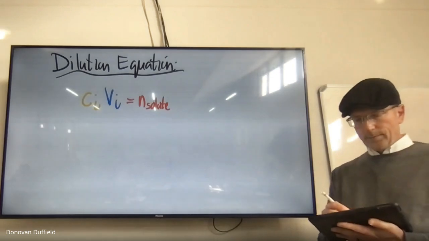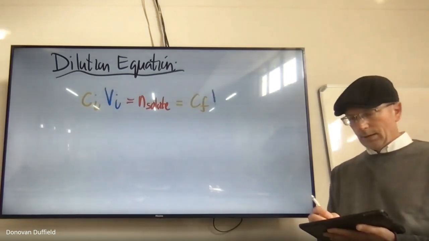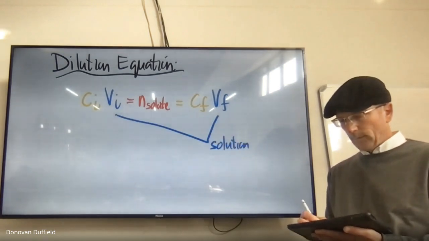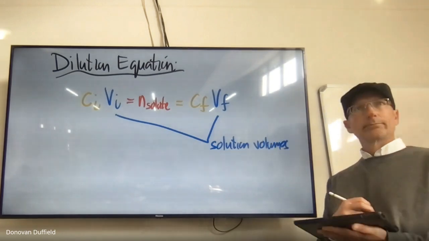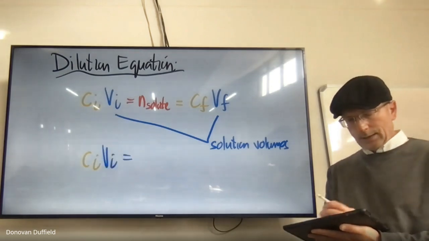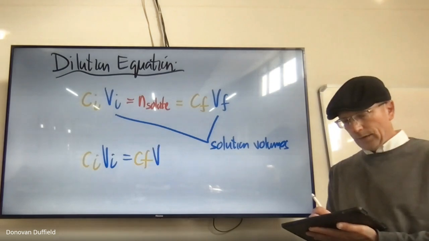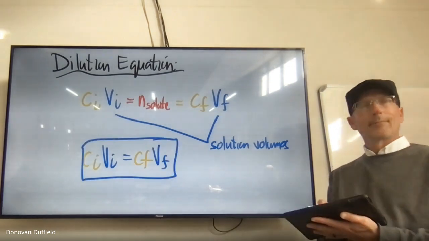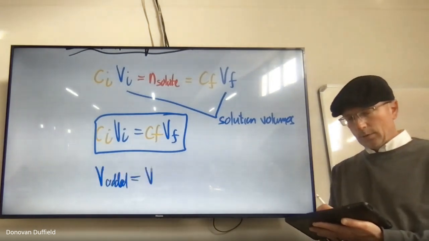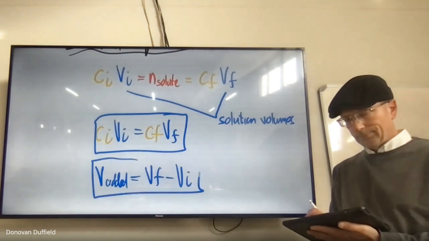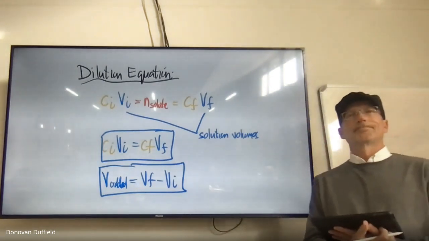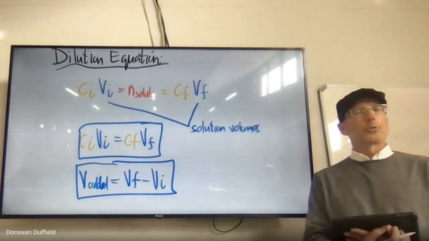This is going to equal C final V final, where these are the solution volumes. So here's your formula: C initial V initial equals C final V final, and V added equals V final minus V initial. There's your dilution equation.